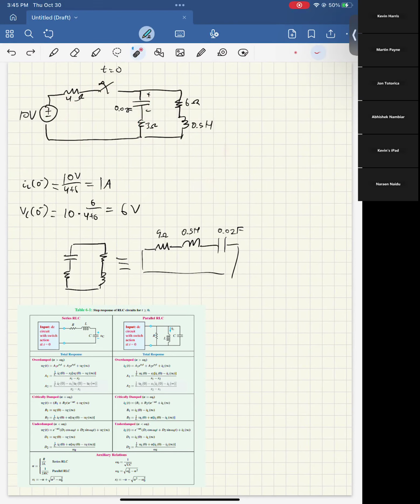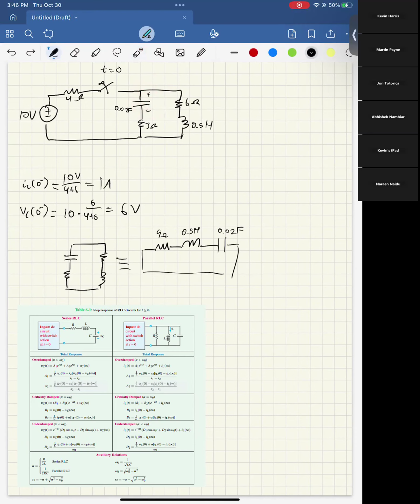Now, what is the sign of that amp? Well, the capacitor has 6 volts across it, and we have current flowing up through it. Right now we have the current flowing with the voltage rise, so that means it's going to be negative, because positive is when the voltage drop is in the direction of current.